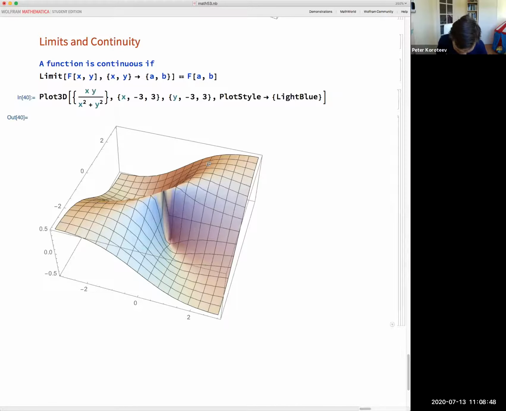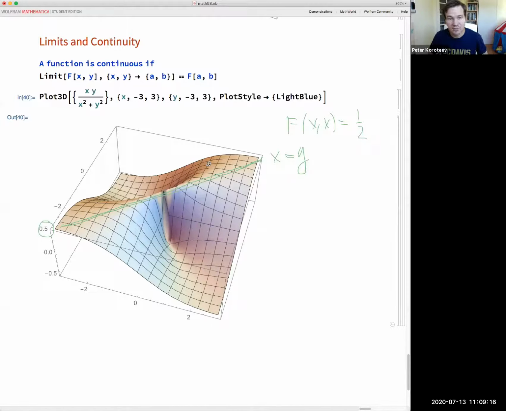One second, I'll answer the question in a moment. So this is the line x equals y. And when x equals y, this function f of x comma x is equal to 1/2. And you can see here 1/2 is the value, right? So it's just this line that looks at 45 degrees in the x angle.